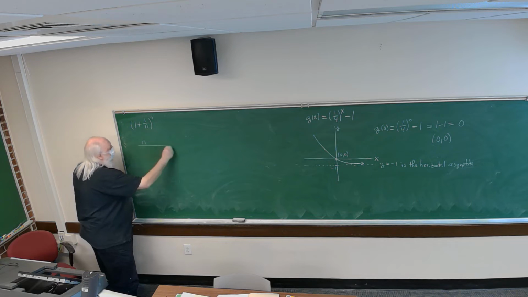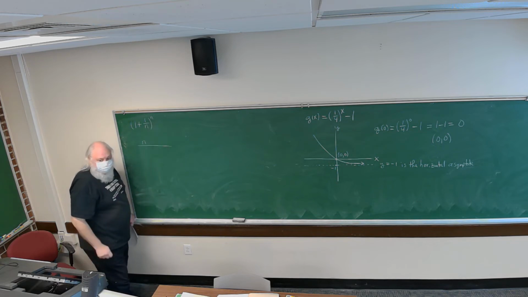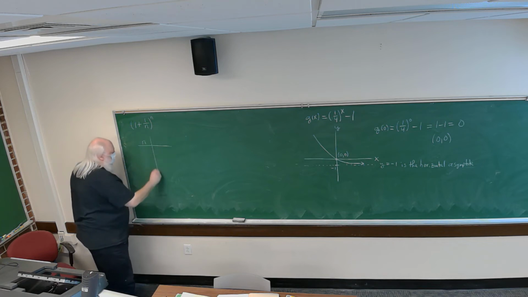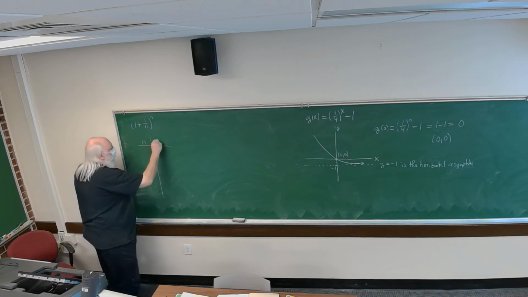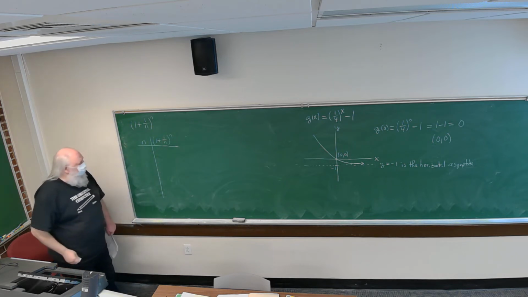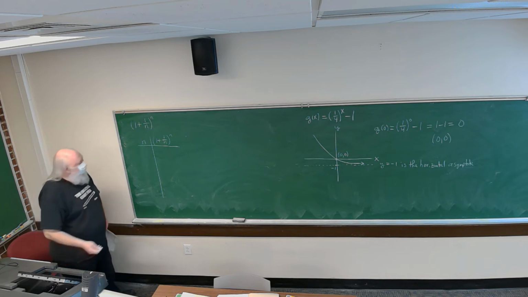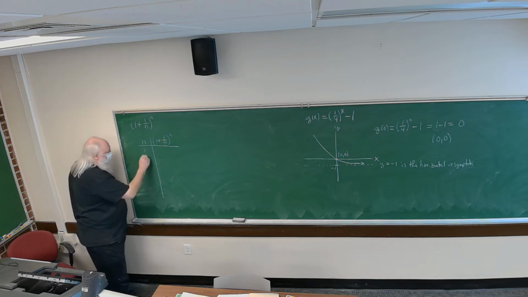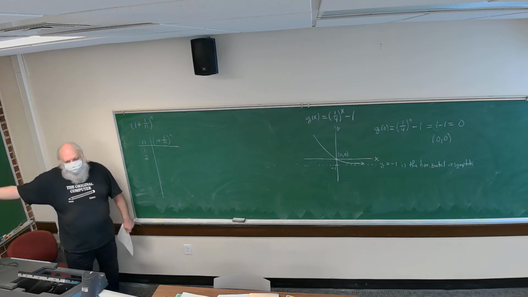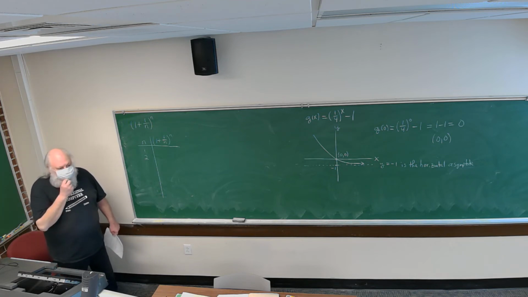In the first column goes n, which represents the index of the nth number in the sequence. And the value of the nth number in the sequence is (1 + 1/n)^n, right? So you start off at n equals 1, then n equals 2, 3, 4, 5, 6, 7, 8, 9, 10, on and on forever.